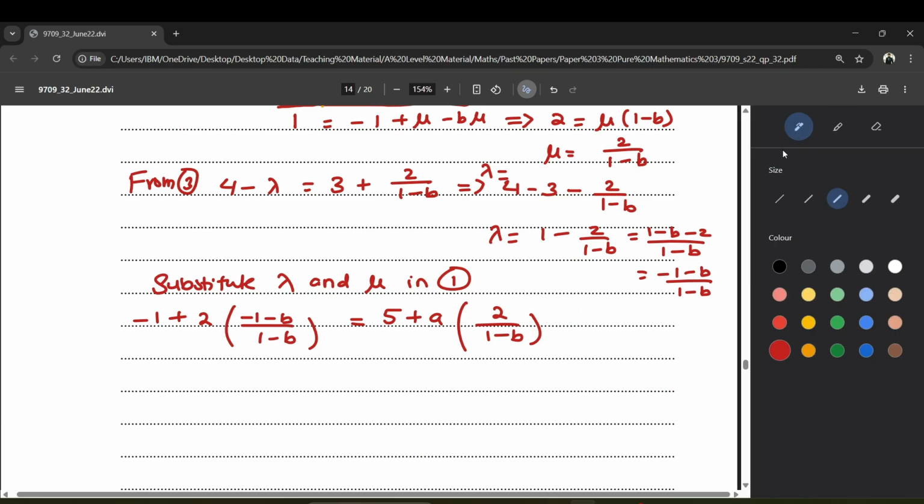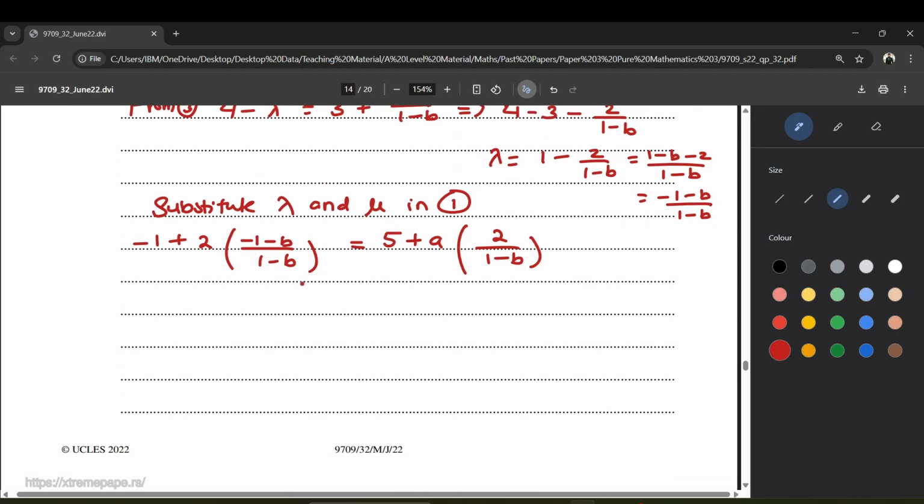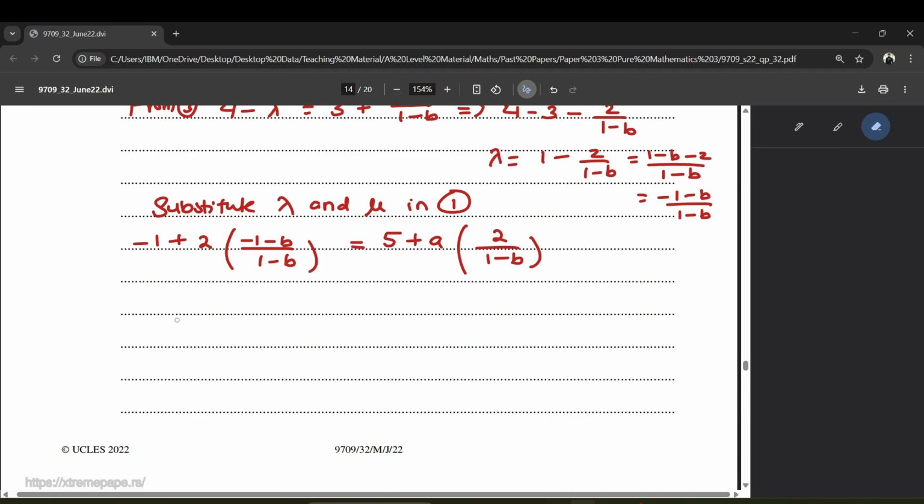let me just write this down over here. So here we would get minus 2 minus 2b over 1 minus b. So we just multiply it. Okay, just a minute, because I don't think we have enough space.